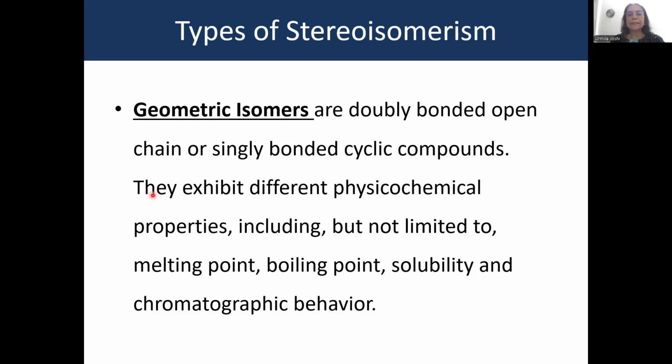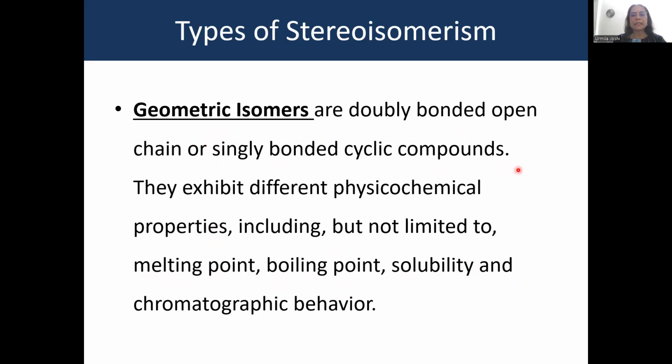Okay, they exhibit different physicochemical properties so that their melting point can be different. Two geometric isomers have different melting points, different boiling points, different solubility, and so different chromatographic behavior. Okay, I repeat, geometric isomers can be open chain doubly bonded compounds, or they can be cyclic singly bonded compounds.